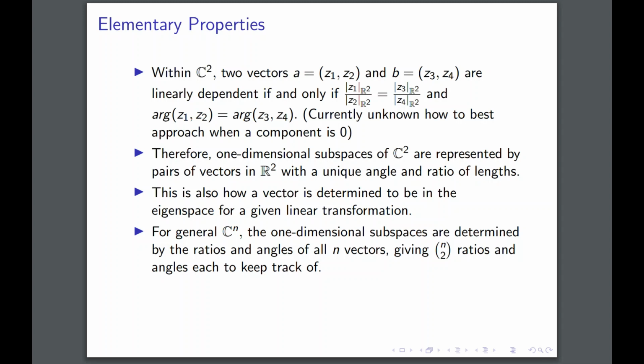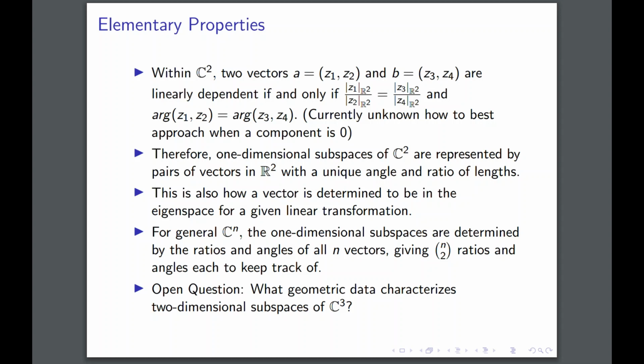And so for general Cn, the one-dimensional subspaces are determined by, I think, n choose two amounts of data in terms of the ratios, and n choose two amounts of data in terms of the angles to keep track of.